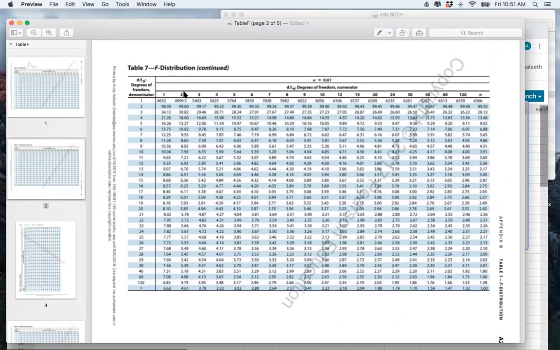DFD is N minus k, where capital N is the sum of the sample sizes, the total number of patients in this case. I've got 4 in Med 1, 5, and then 4. That's 13. So my capital N is 13 and my k is 3. 13 minus 3 is 10.